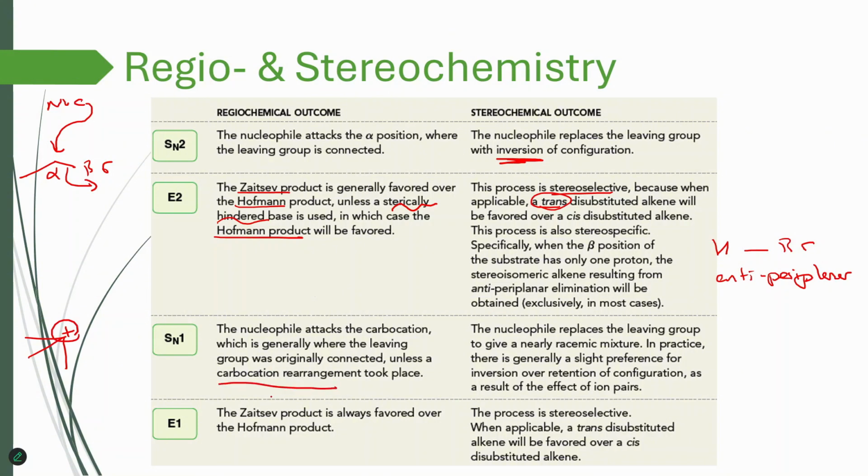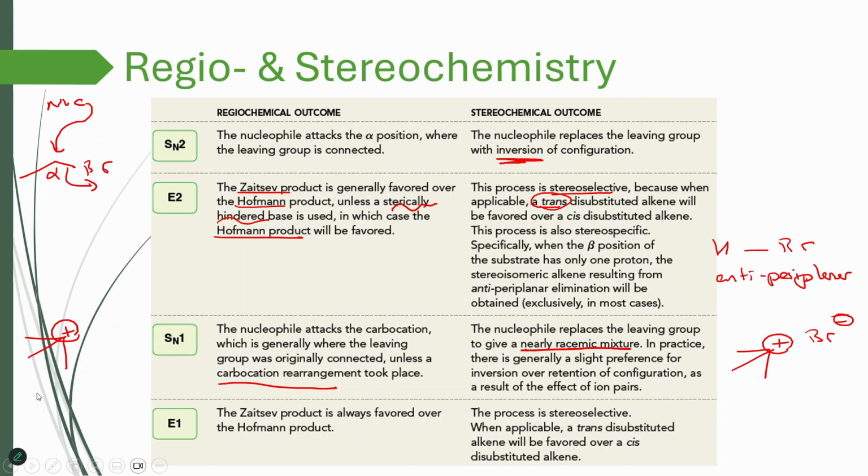That's the only case where a substitution reaction would give a different regioisomer, because you can have a hydride shift or methyl shift to form a more stable carbocation, and you will form a different product. When it comes to stereochemistry, it usually gives a racemic or nearly racemic mixture, because you still have a preference for back attack. Even though you form a planar carbocation, you still have the leaving group in proximity, so it blocks one side and favors one side over the other.